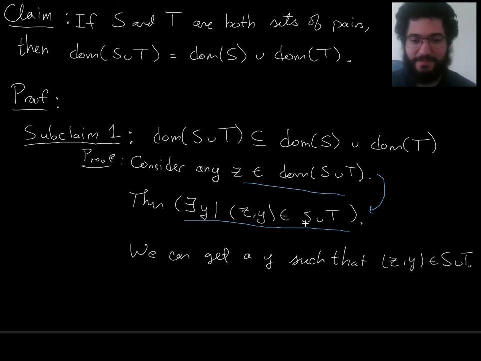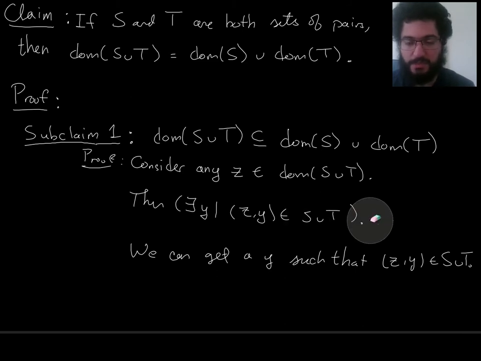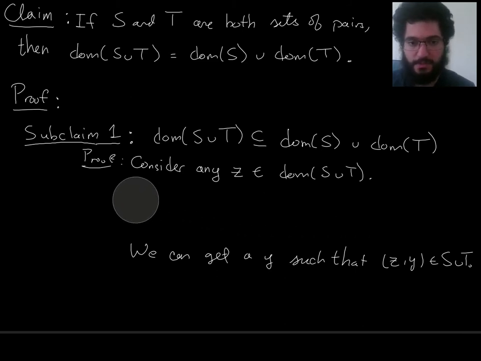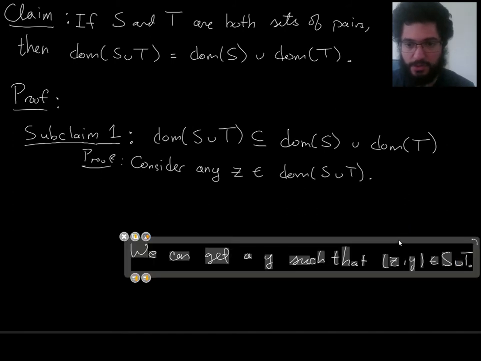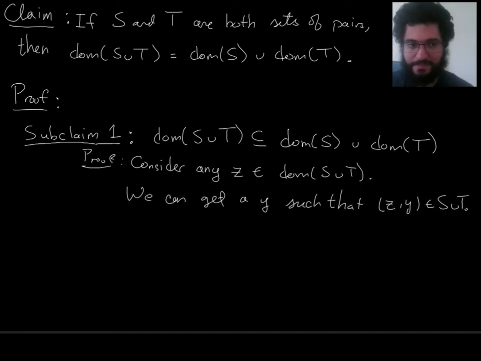So axiom 5 is considered so close a link between this and this that people will not even write this second one. So here's what you will typically see, and you're allowed to do this, although you don't have to: this part will be skipped, and you'll just go right to this. So this is an existential instantiation, going from z in the domain of this thing to we can get a y such that the pair zy is in the thing.